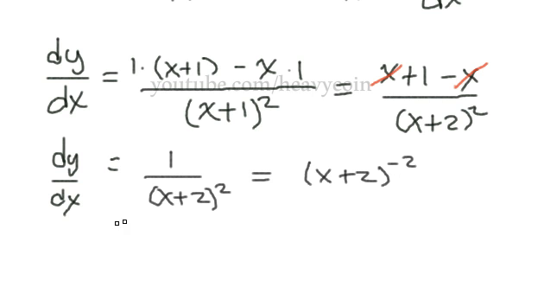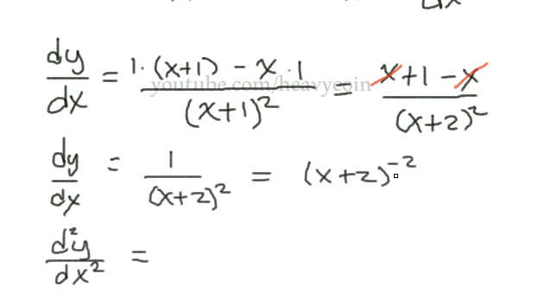Alright, now I'm going to take the derivative again, the derivative of the derivative. So that's dy, this is going to be d2y over dx squared. We don't write a 1 here, but pretend there's a 1 there. I'm going to use the general power rule, like the chain rule.